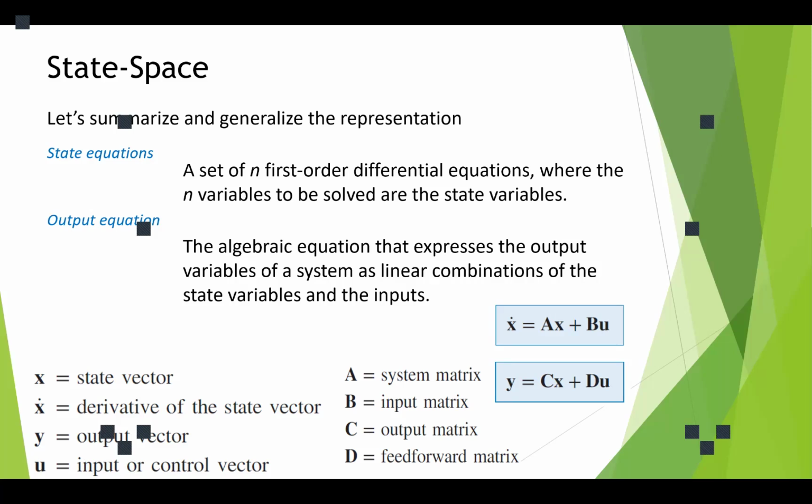So when we talk about the state space, we have multiple differential equations in time. All those variables within those differential equations are going to be linearly independent.